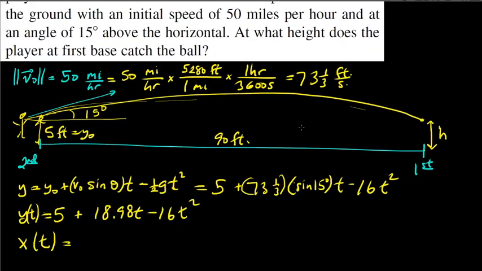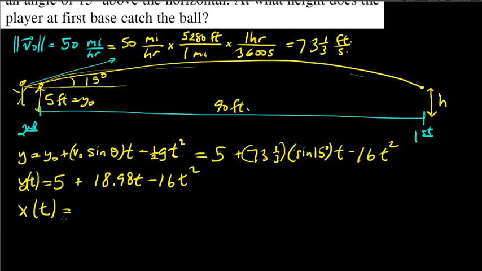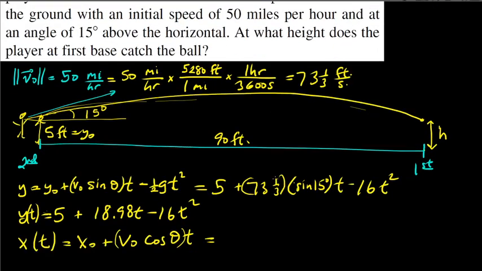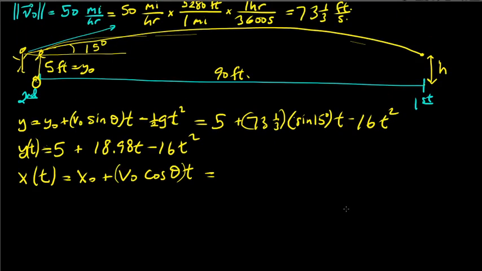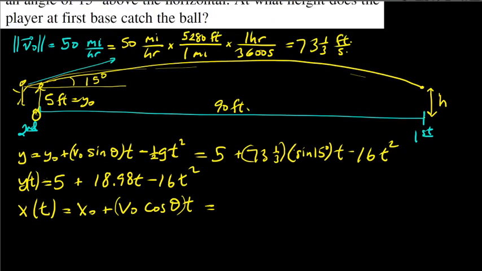First of all, this is going to be x0 plus v0 times the cosine of theta times t. In this case, x0 is second base, but that's where we're starting at 0. So x0 is 0.